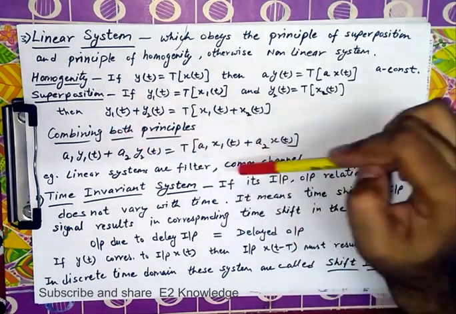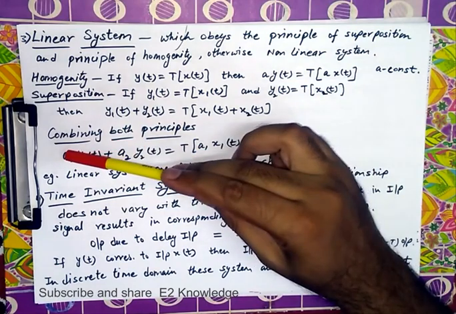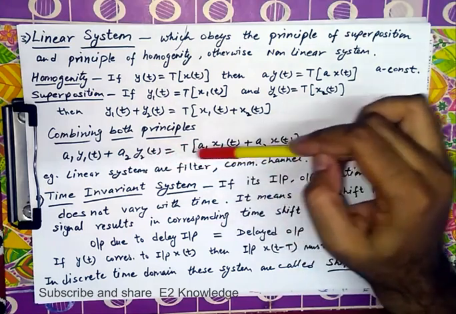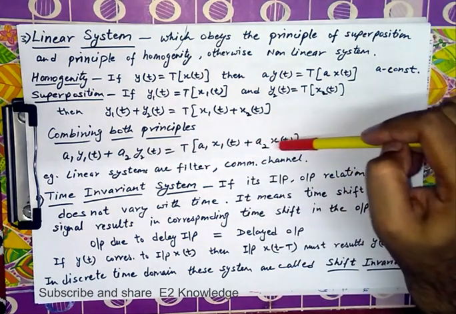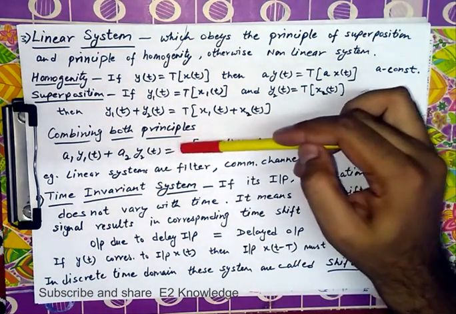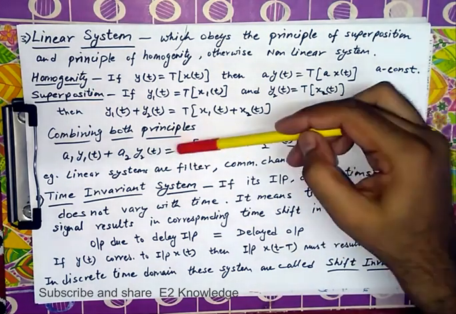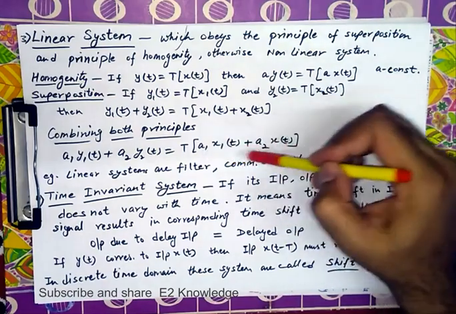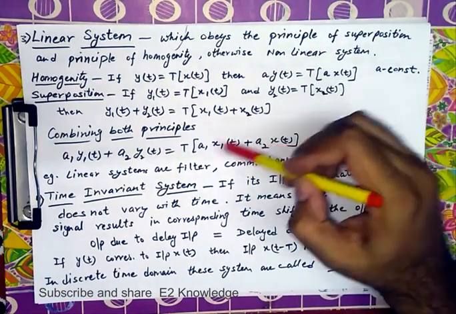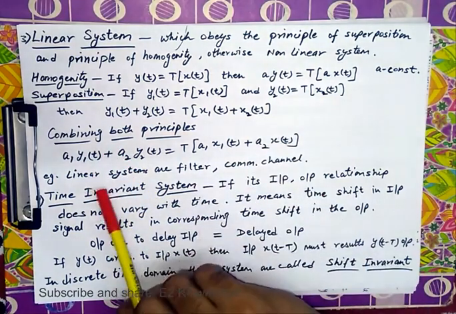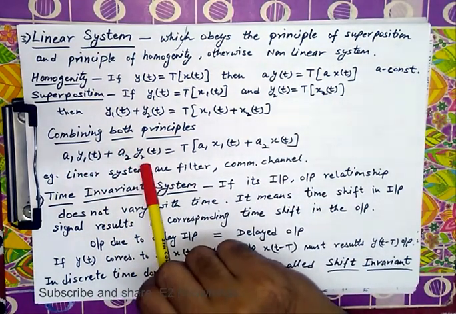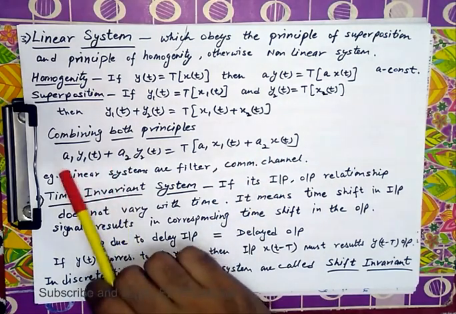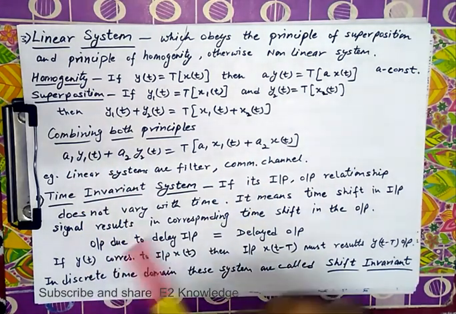Combining both principles, T[a1 x1(t) + a2 x2(t)] must be equal to a1 y1(t) + a2 y2(t), where T is the transformation of the system. When two inputs with two constants are applied, the result is the summation of the individual outputs with the same constants.